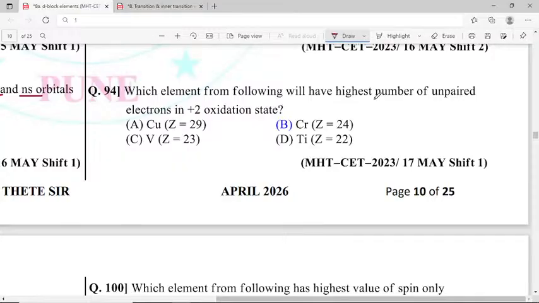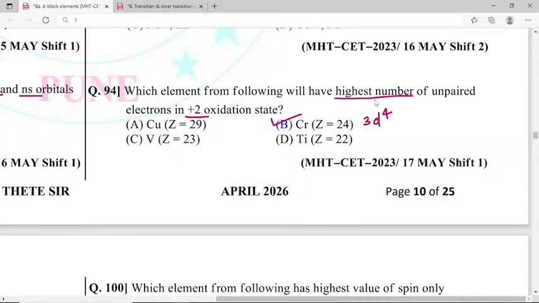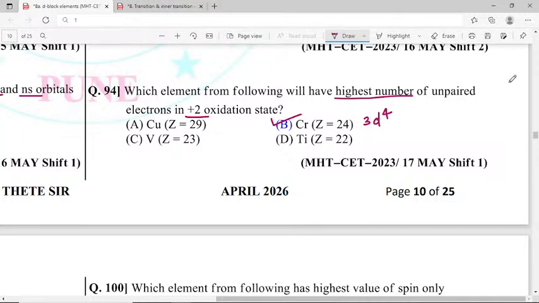Which element from the following will have the highest number of unpaired electrons in plus 2? The highest number of unpaired electrons is chromium. So that's plus 2, 3d4, 4 unpaired electrons.